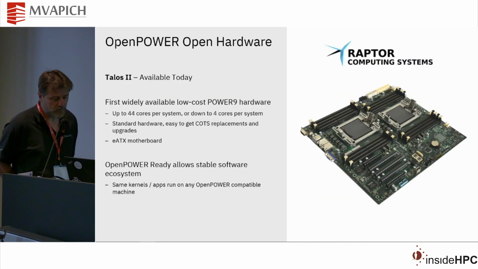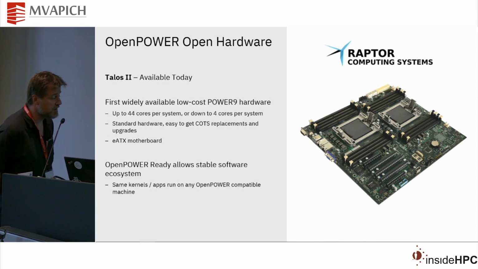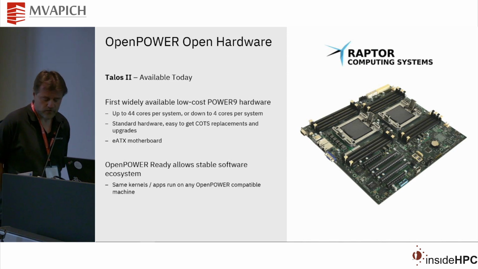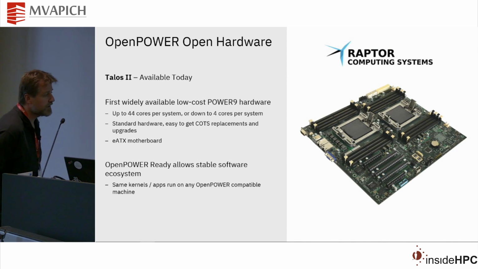On the very low computation capability side, it's like a PC size motherboard that Raptor, this company, is offering. Today they have an offer with CAPI 2, for example, and 1 or 2 processors, multi-core from 4 to 44 cores per system, and there are a few grants for buying this kind of systems.